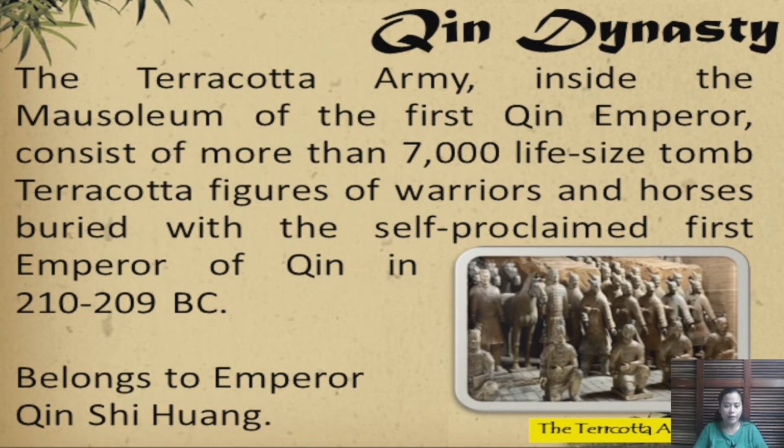The Terracotta Army belongs to Emperor Qin Shi Huang, and they are there to guard his burial site as well as protecting the entry to the afterlife. He was the dynasty emperor who managed to unite China so that it became a central state, and it was also because of him that the foundation of the Great Wall was laid down.